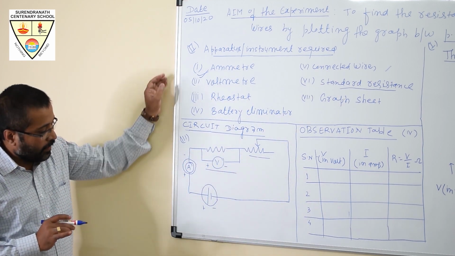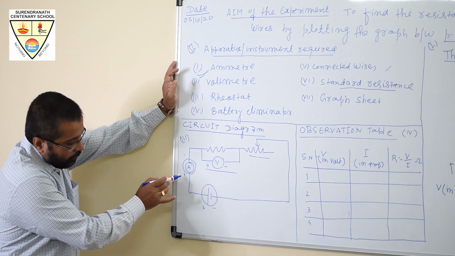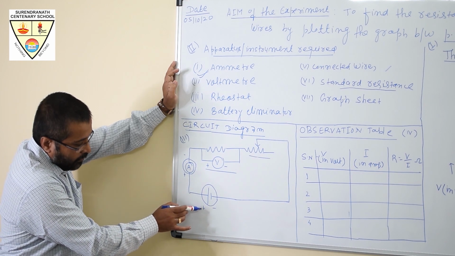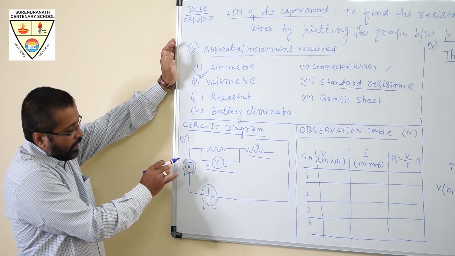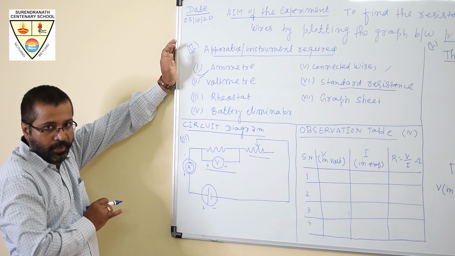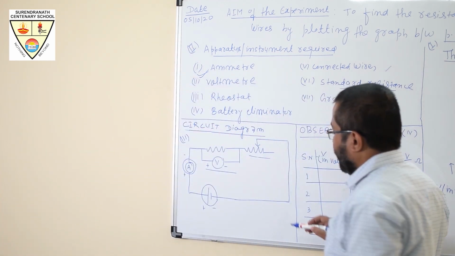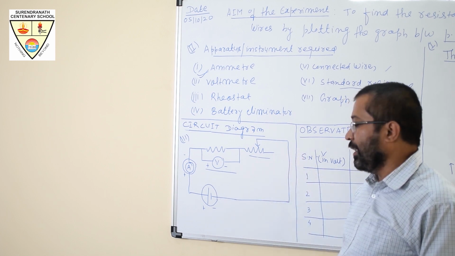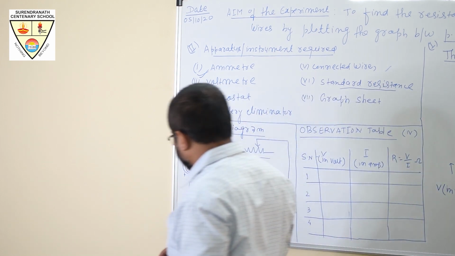Keep in your mind the polarity of the current. Here, the positive terminal of the ammeter is connected to the positive terminal of the battery eliminator. The negative terminal of the ammeter is connected to the positive terminal of the voltmeter. And here, the negative terminal of the voltmeter is connected to the negative terminal of the battery eliminator. So, this is the basic setup.